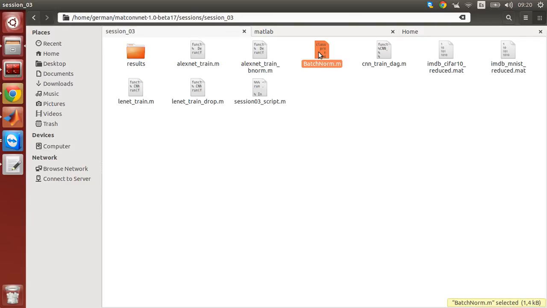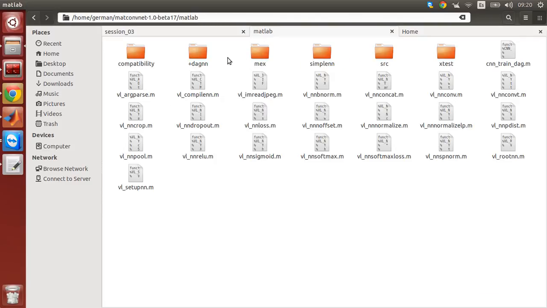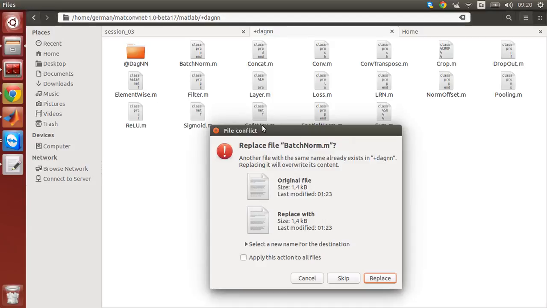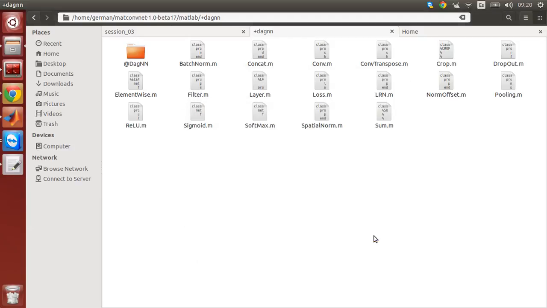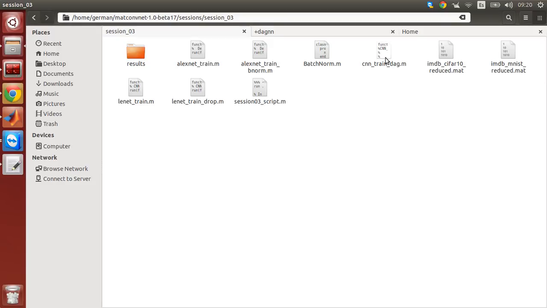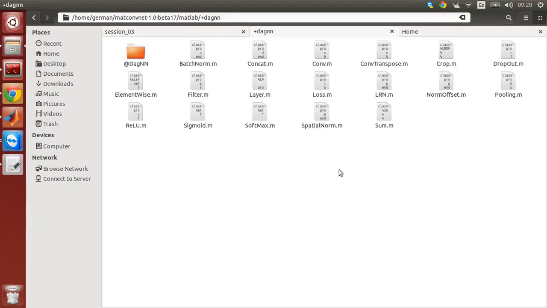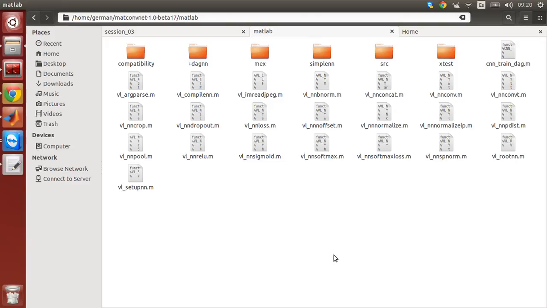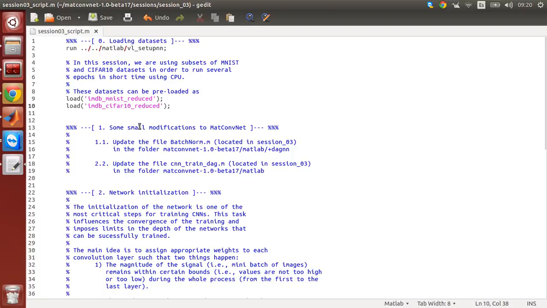So we need to copy batch normalization.m here. Yeah, we want to replace it. And we have to copy the CNN train DAG here. Yeah. Probably in your case it will not ask about replacing, but it's fine. Okay, so far so good.